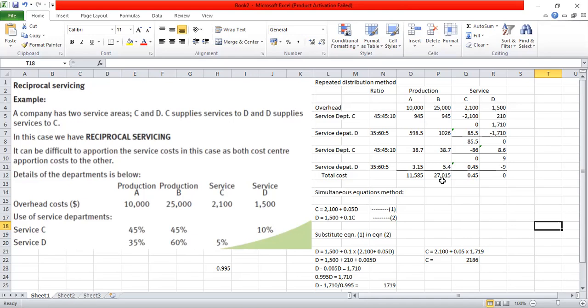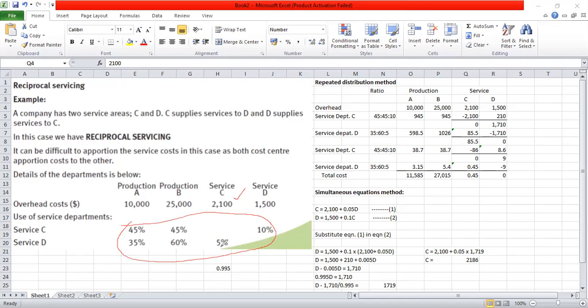Now, instead of doing that, there is another method which is called the simultaneous equations method. What we do with the simultaneous equations method is frame two equations. C has already spent 2100, as we see from the table provided.